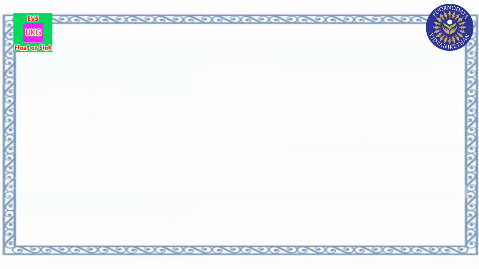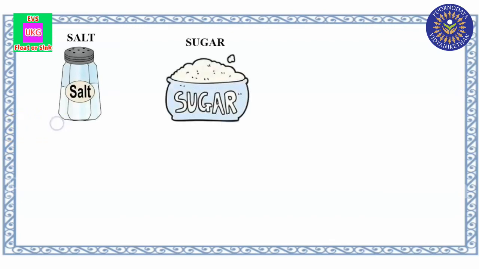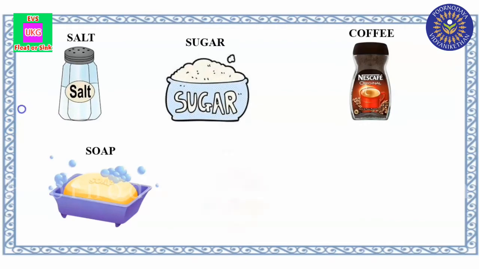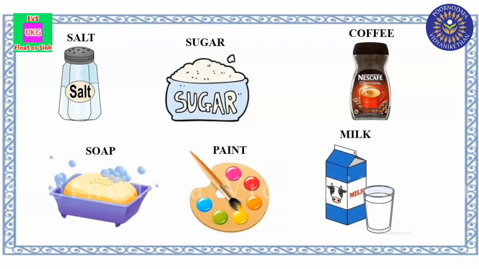I will show you the things that mix in water and things that do not mix in water. First we can see the things that mix in water. Salt, sugar, coffee, soap, paint, milk. All these are the things that mix in water.